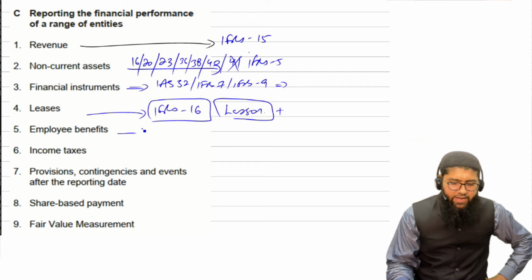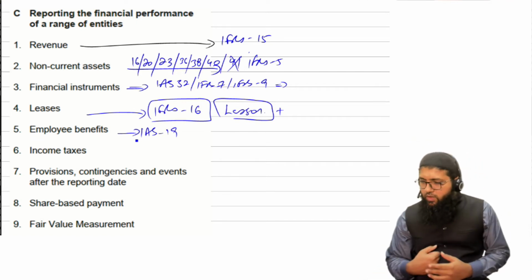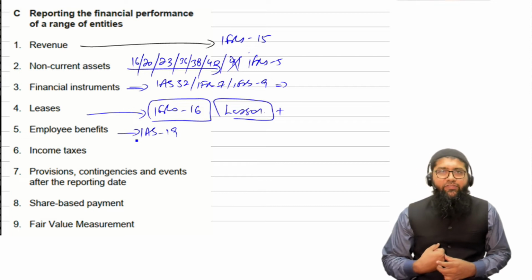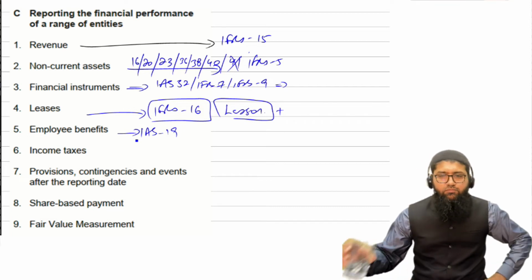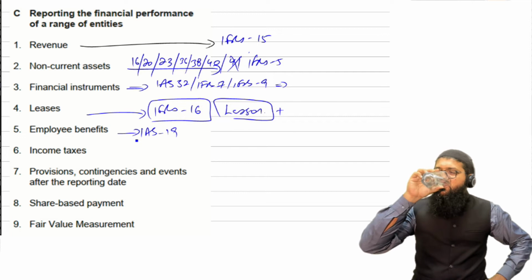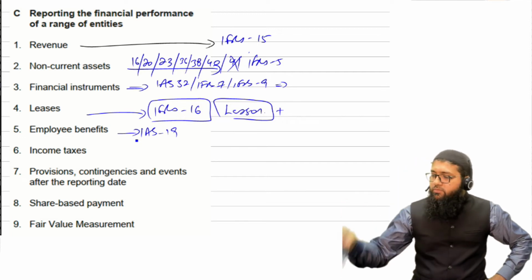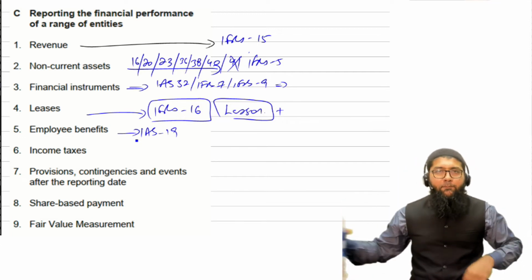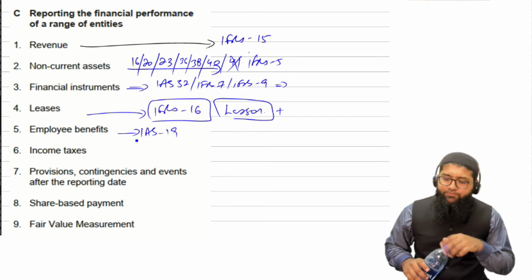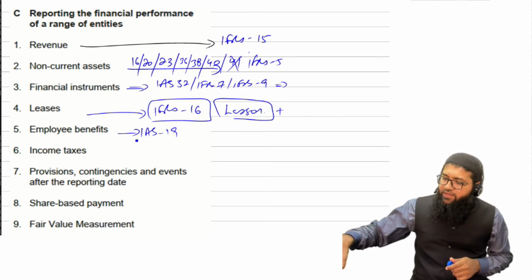Then there is IAS 19, which is about the employee benefits. Now, when it comes to IAS 19, what happens with the employee benefits is that as an organization, you pay different benefits to the employees.